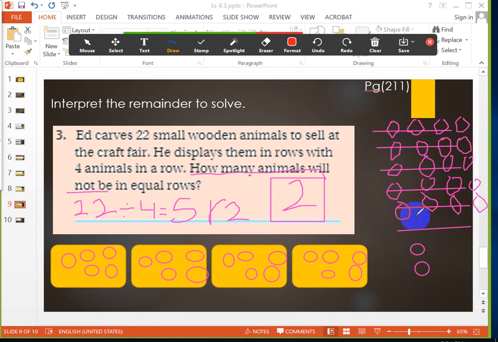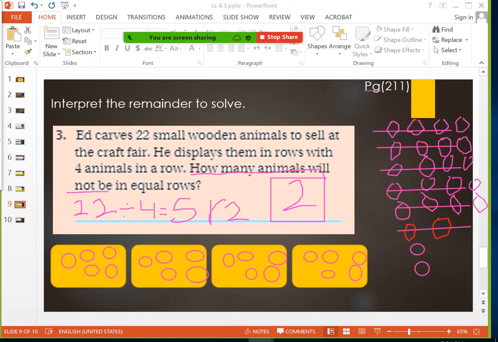I will put them here at the end, so they are not in equal rows. They are not equal to those rows. They will be only 2. Okay? Okay, girls? Any question? Did you finish, please? So this is your answer, number 2.